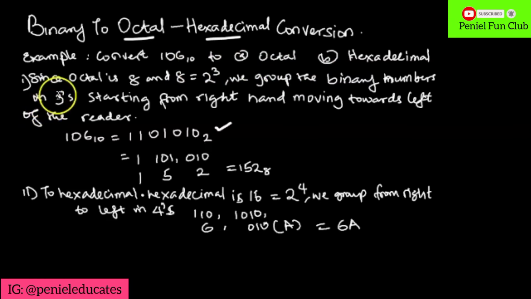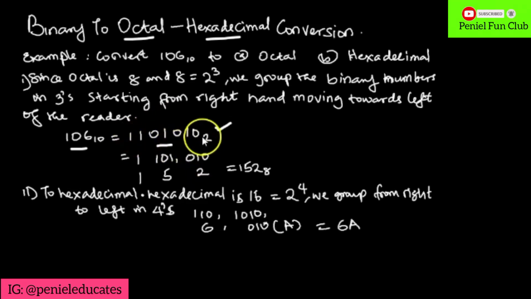The octal is base 8, which also means 2 raised to power 3. So we can group the binary numbers in threes. If you convert 106 to base 2, that's the binary, this is what it's going to give you. This is the binary that we're looking to convert to octal.